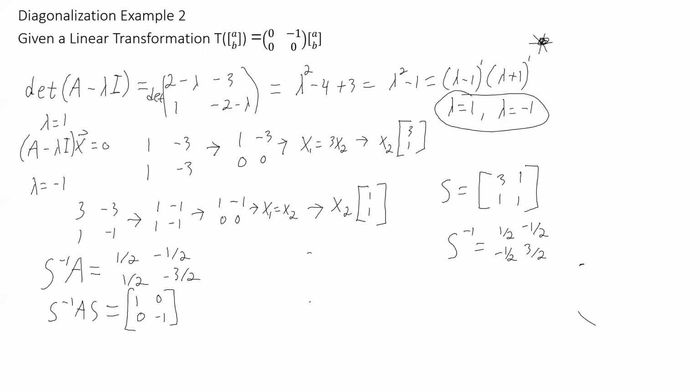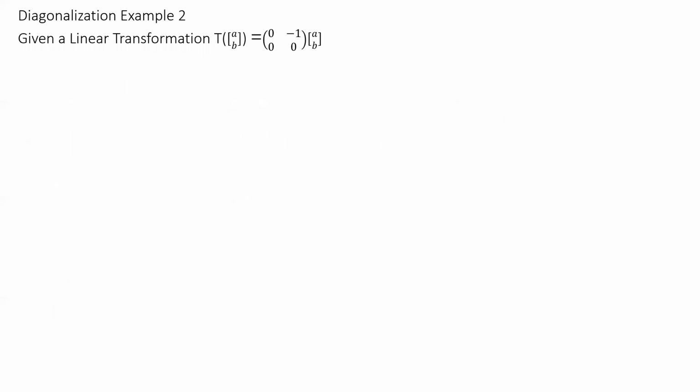Hooray! Awesome. So for the next one, this is just moving on to another example. We show whether this one is diagonalizable by, again, calculating the determinant.